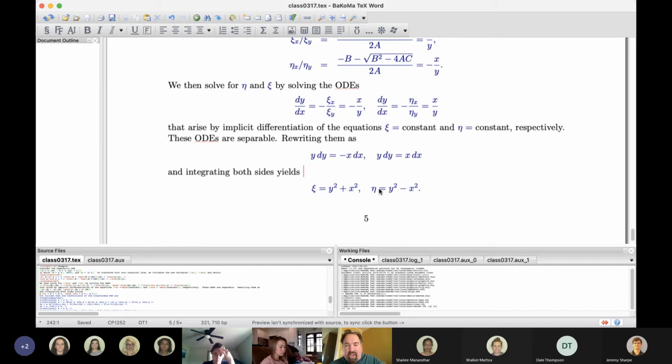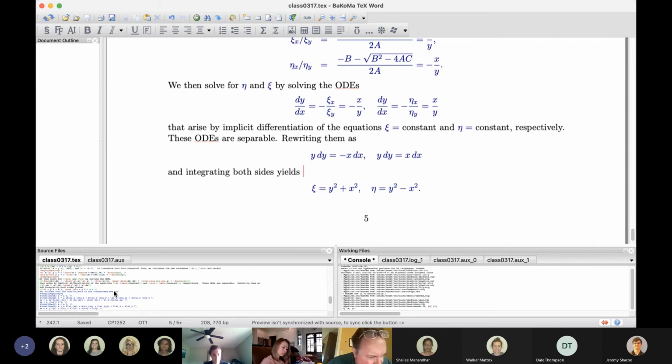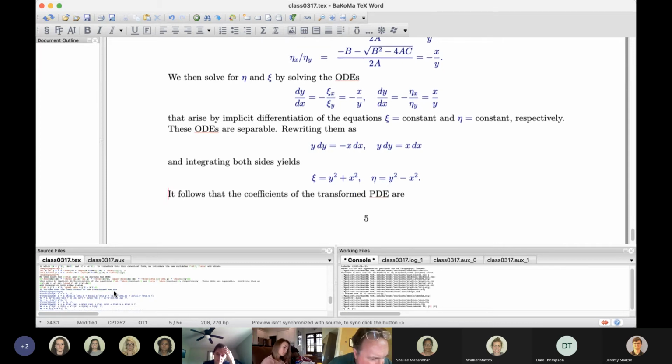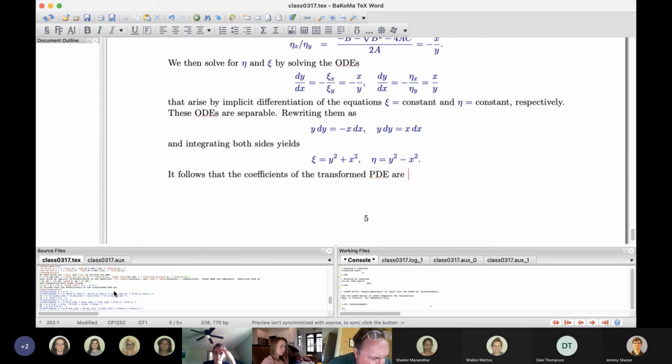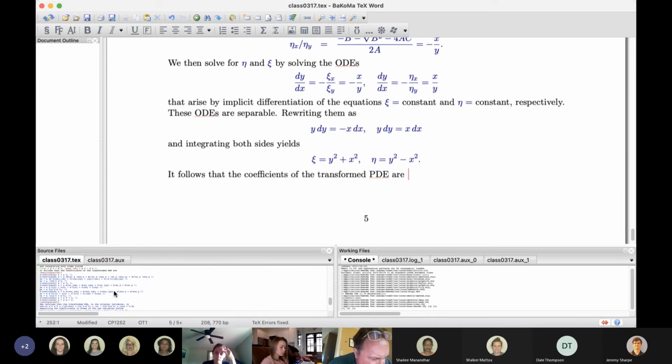And then here we have eta is equal to y squared minus x squared. So now we have formulas for xc and eta. So what's the new PDE? Well, just the coefficients.